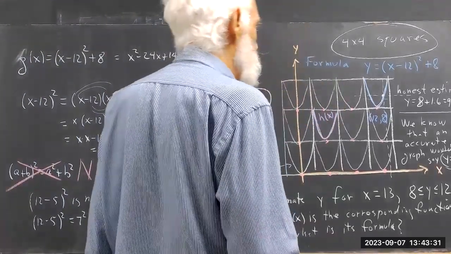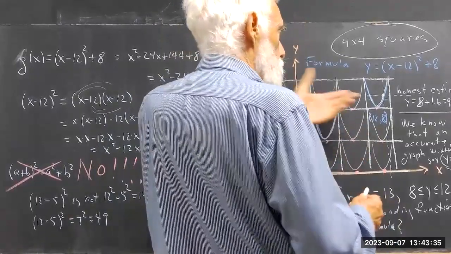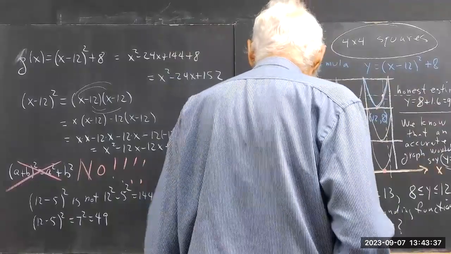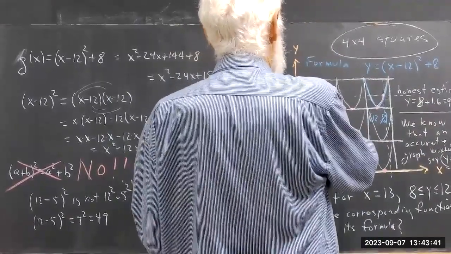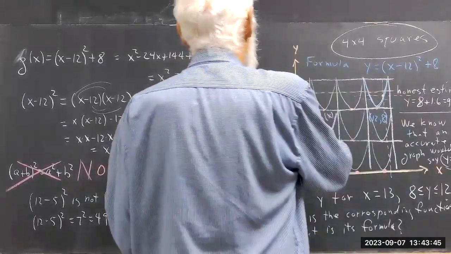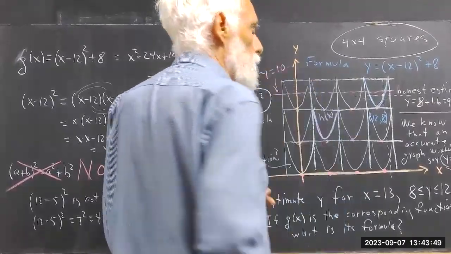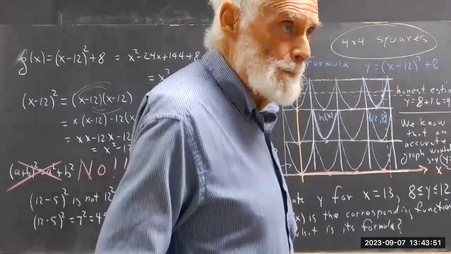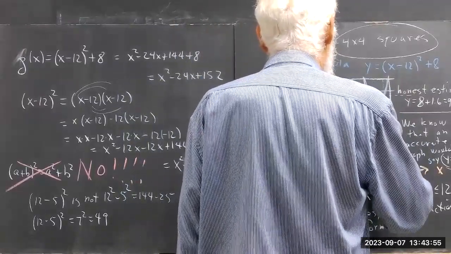Let's say that I want to know what the value of x is when g of x equals 10. So here's the line y equals 10. If I've got a good parabola, I can make an estimate.